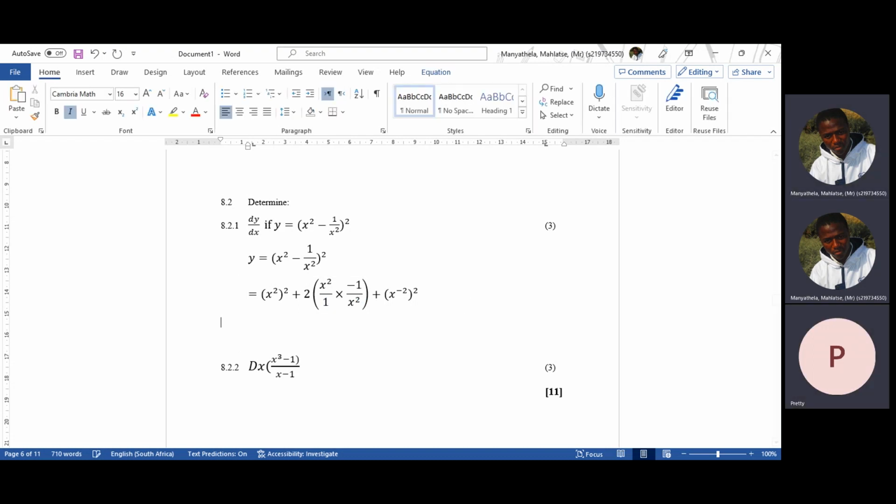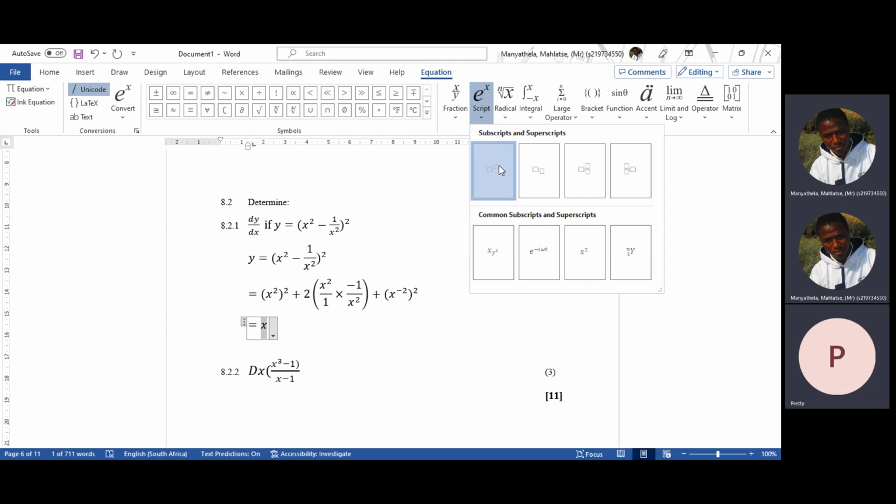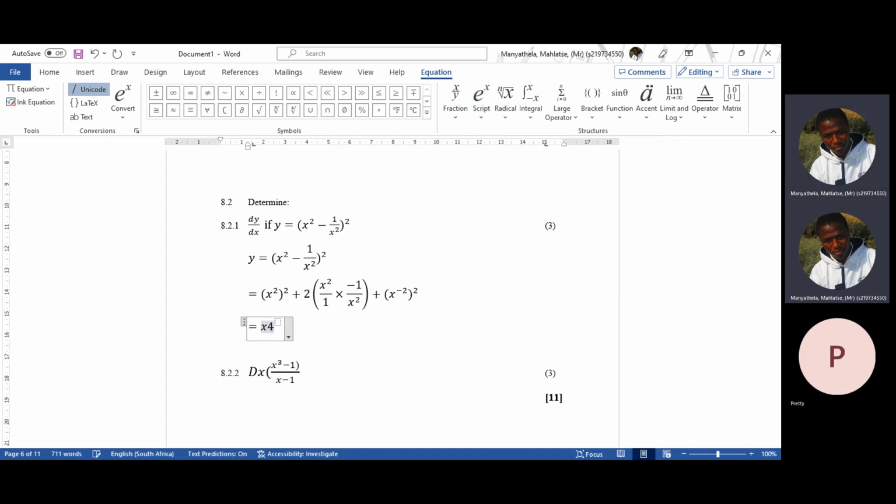So we'll have x to the power 4, because it's 2 times 2, and then plus 2 times negative 1, because after we have simplified the bracket we're left with only negative 1, plus x to the exponent negative 4.